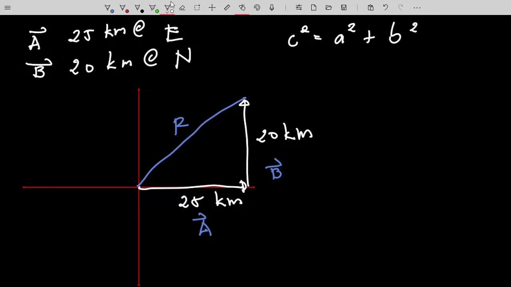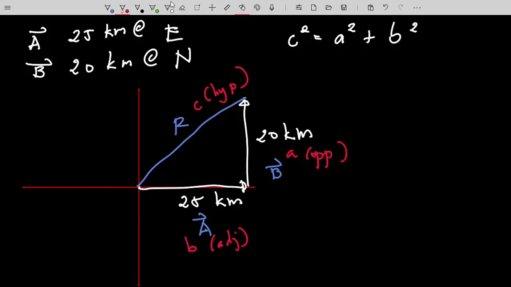Your resultant vector is side C, the hypotenuse, your vector A is side B, the adjacent, and your vector B is side A, the opposite side.